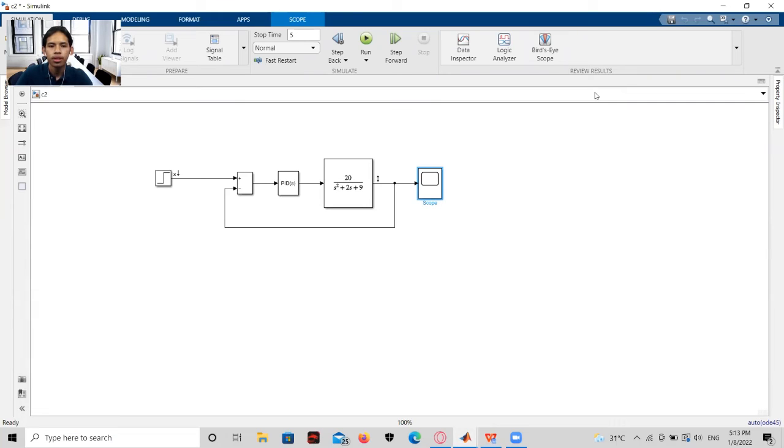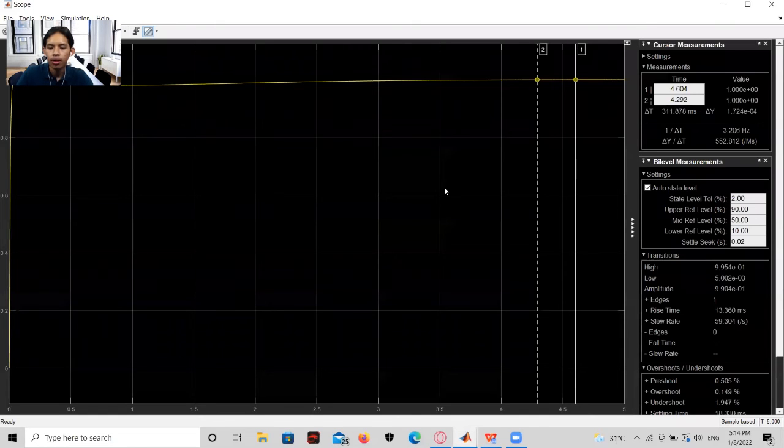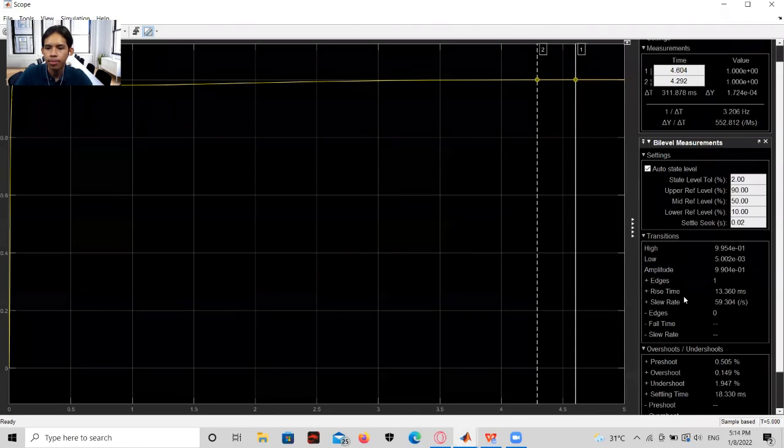So next is Circuit 2. I also already stabilized the system using a PID controller. So this is the result for Circuit 2. I already achieved the requirement of overshoot that must be below 10% by getting 0.149%.